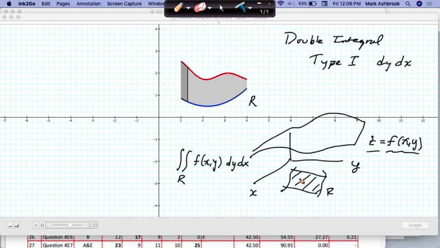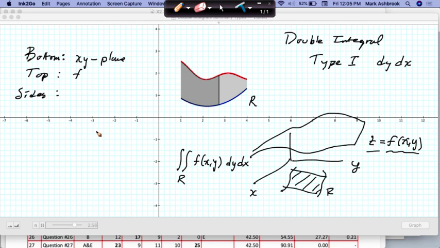The bottom of the solid is the xy plane. The top is f, and the sides are the integration bounds, defined by the edges of R. So it could find volume if this is always positive.